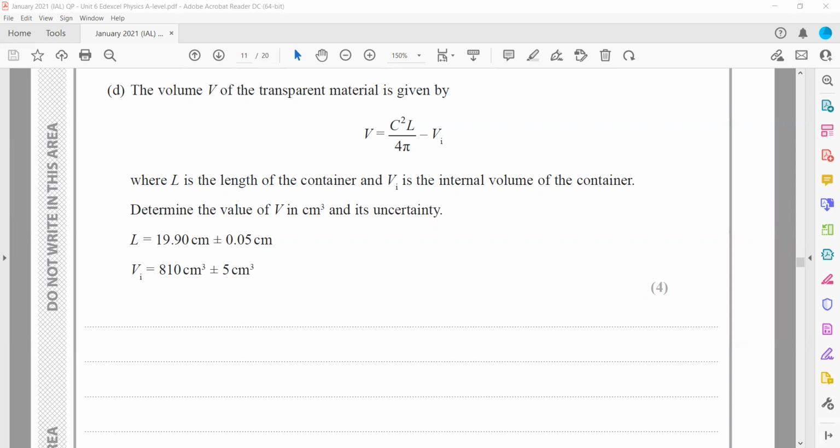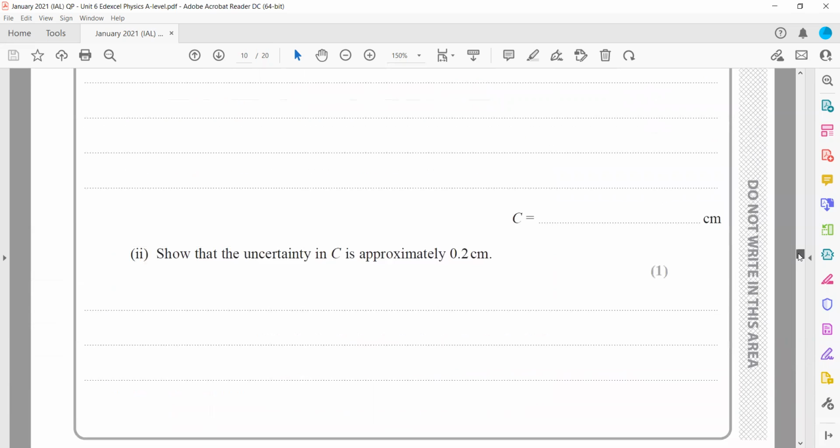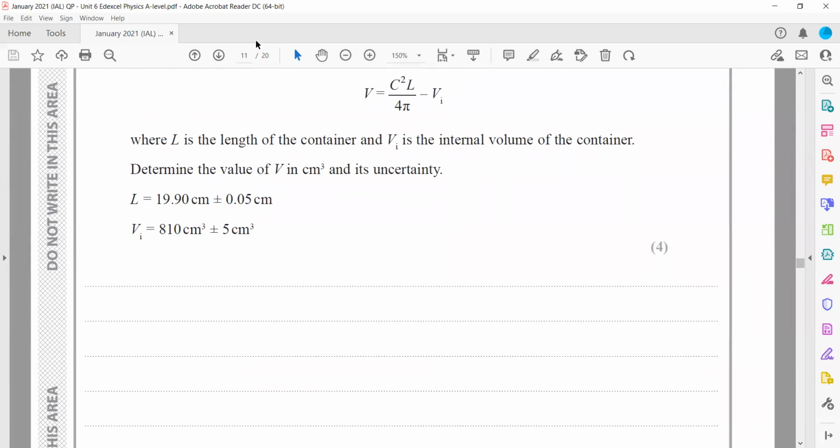So what we can do, uncertainty in C. What was the uncertainty in C? 0.2, and the value of C is also there. Because they have different units, we'll find the percentage uncertainty in each and we'll add them. So percentage uncertainty in C is the uncertainty divided by the value recorded.